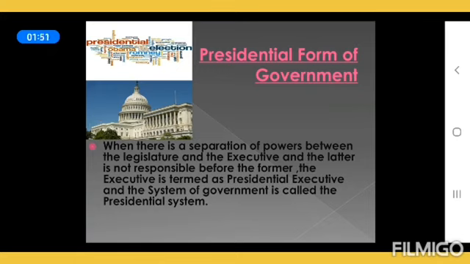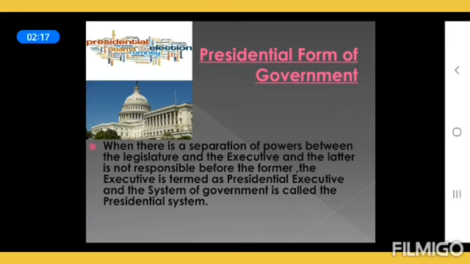All the executive powers are vested in the hands of the president, and he has a fixed and definite tenure. That means he is both the head of the state and the head of the government, all the executive powers are totally vested in him, and he has a fixed and definite tenure.